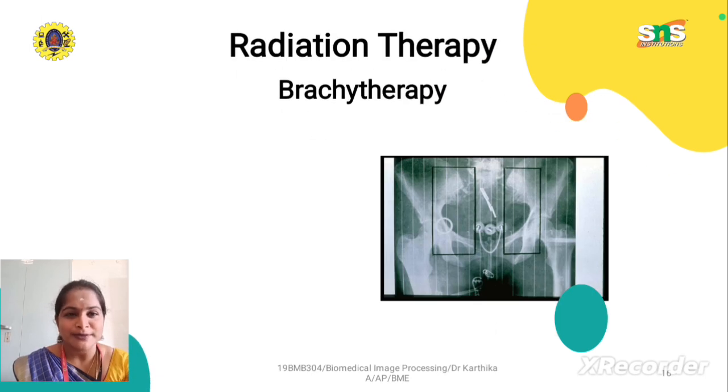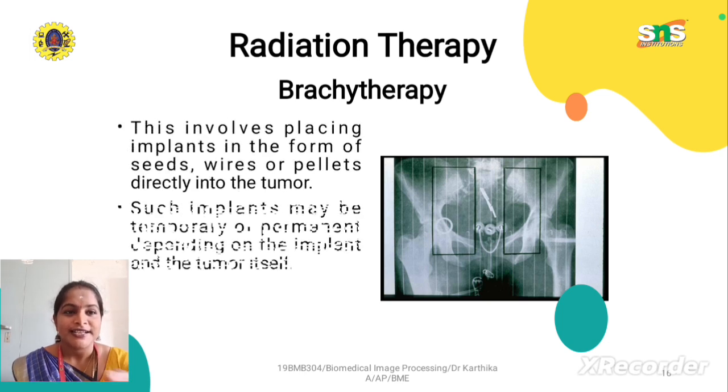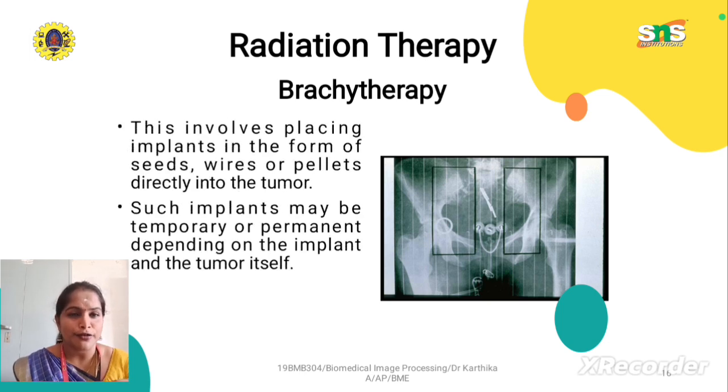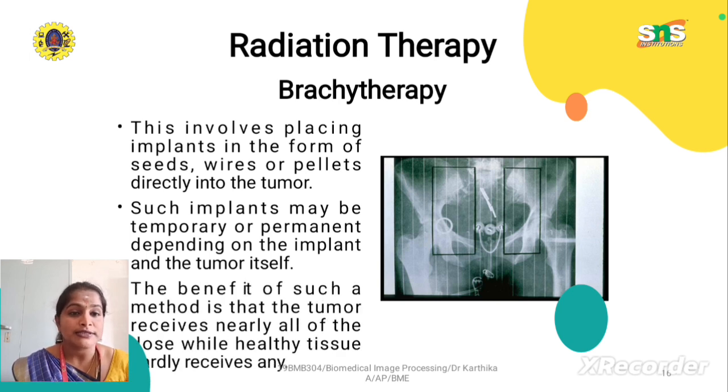Okay, our next one is brachytherapy. See, this involves placing implants in the form of seeds, wires or pellets directly into the tumor. Such implants may be temporary or permanent depending on the implant and the tumor size. The benefit is that the tumor receives nearly all the dose, while healthy tissue hardly receives any.